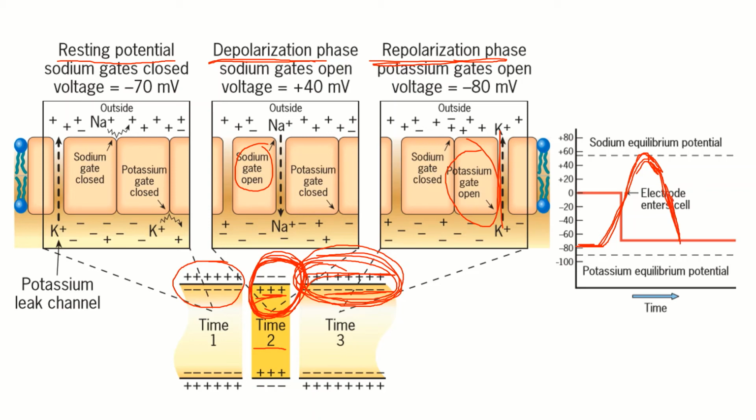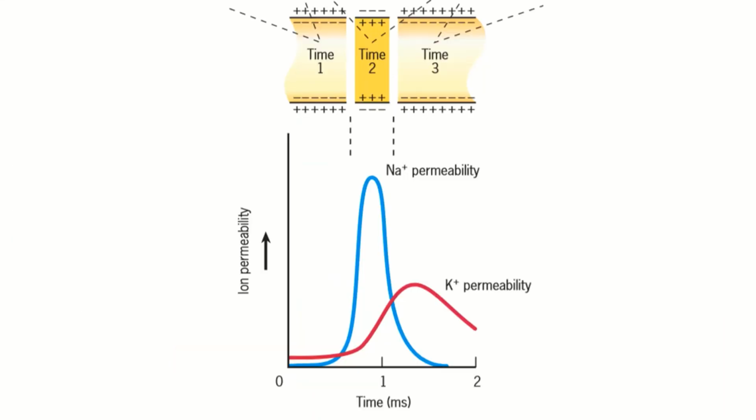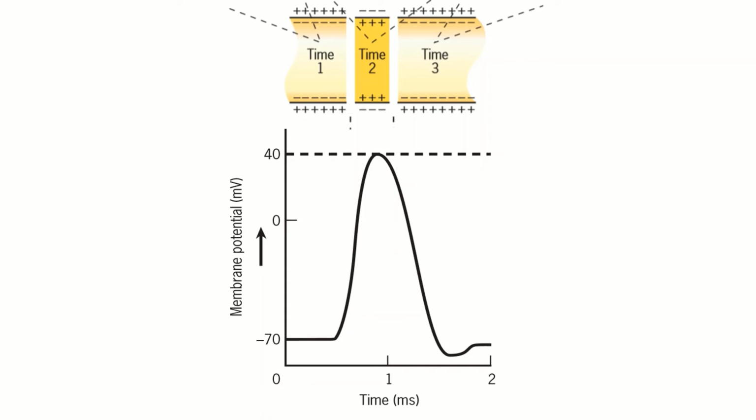So notice we are now going down. In fact, it goes down a bit more because more potassium ions will move out of the cell than needed for a bit of time before it goes back to normal. So we now have this graph, as shown here.